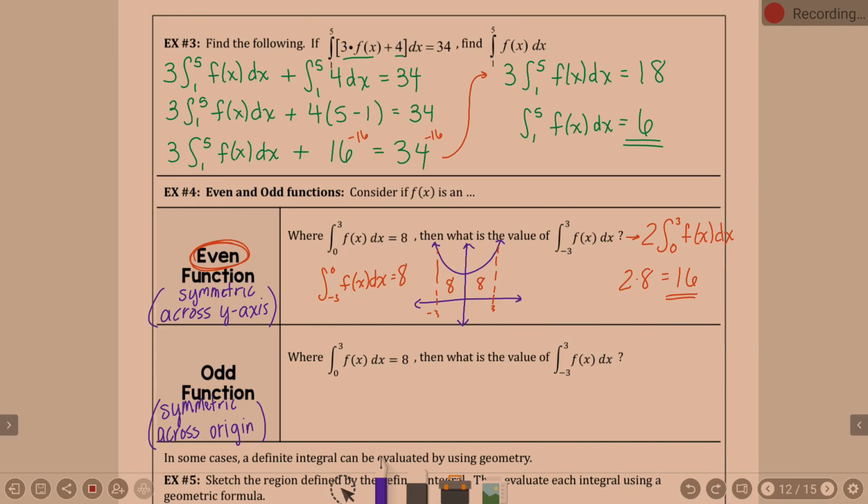So this is if it's like shifted? Like if it wasn't perfectly on the y-axis? No, because a parabola could never be odd. It's never going to be symmetric across the origin. So it's not a shifted thing.